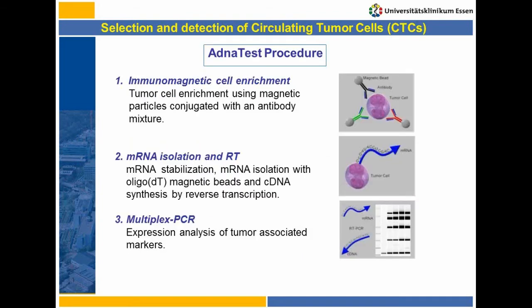Now, when we started, it was just by chance that I started with a molecular method, because in 2004, I tried to analyze the CTCs as I did for the bone marrow, and I took another enrichment step. And for breast cancer, we had about 4% positivity rate, and this was very low, and this was very expensive. And I thought, well, does it make sense to look for circulating tumor cells? And it was by chance that this ADNA test was introduced to our group.